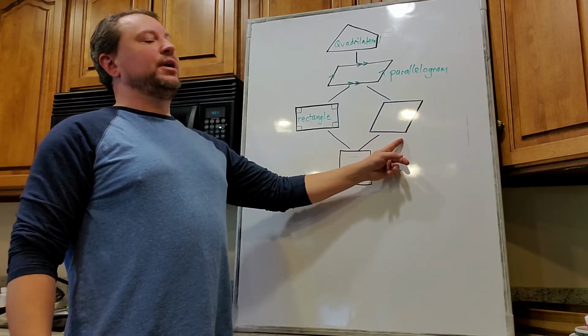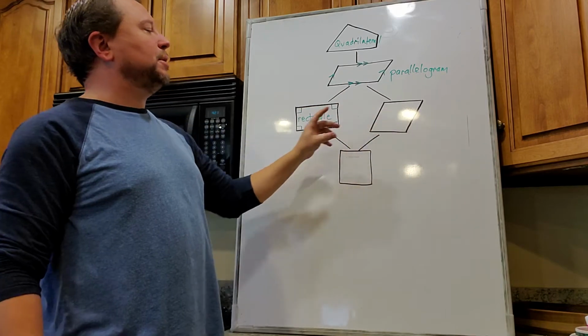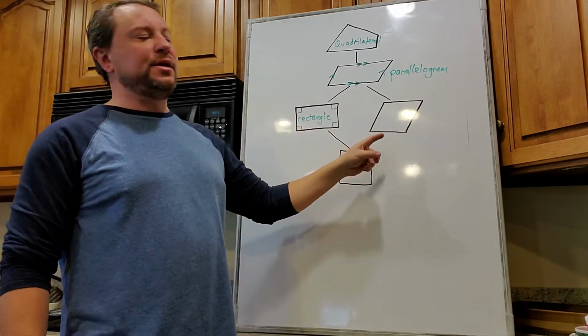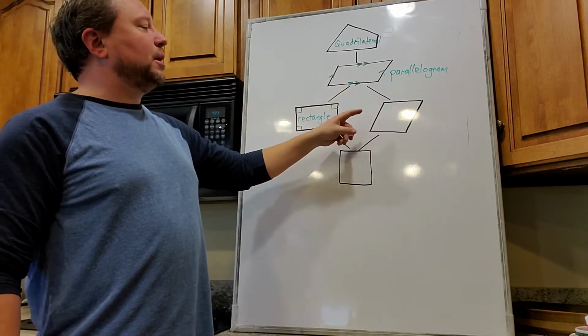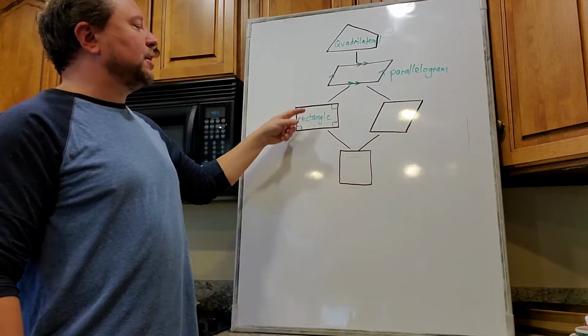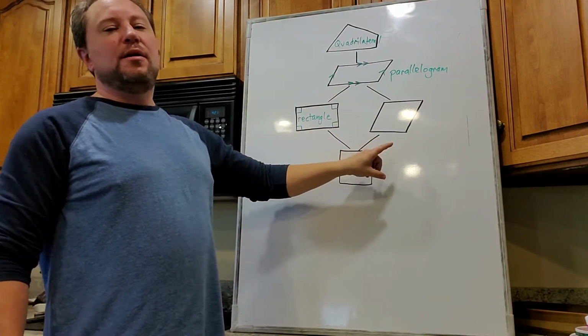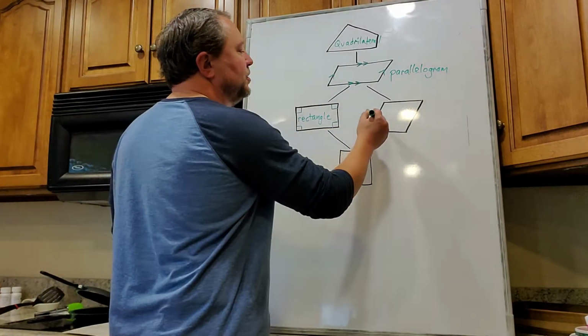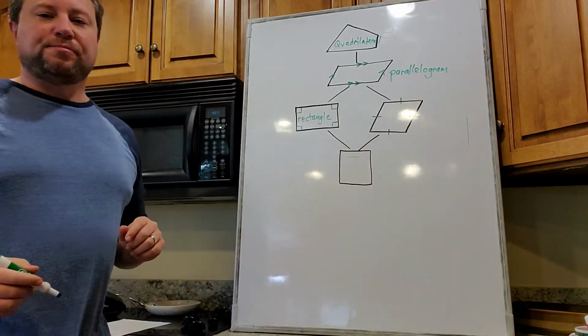Okay, this shape over here is also a subdivision of parallelograms, but is not considered a rectangle. It does not have right angles. It is a type of parallelogram. Its opposite sides are parallel, just like on a rectangle and a normal parallelogram. But what makes this one special is that all four of the sides are equal.